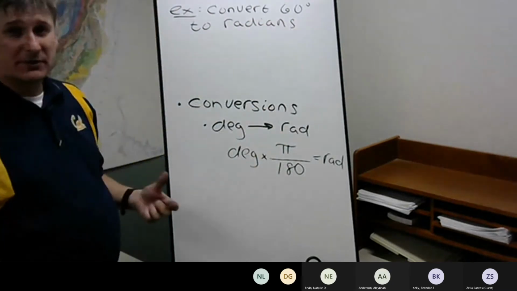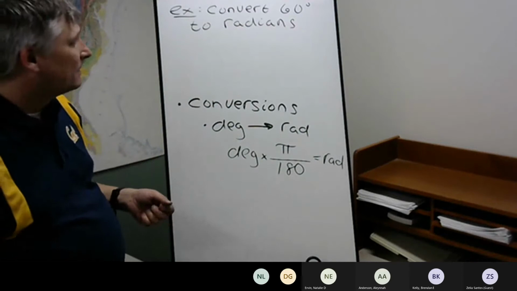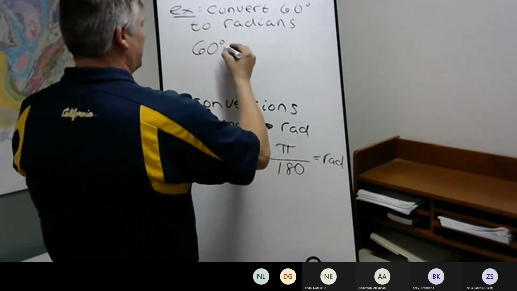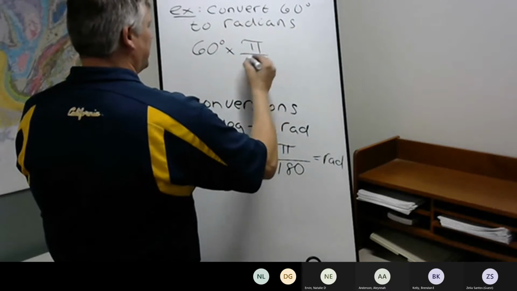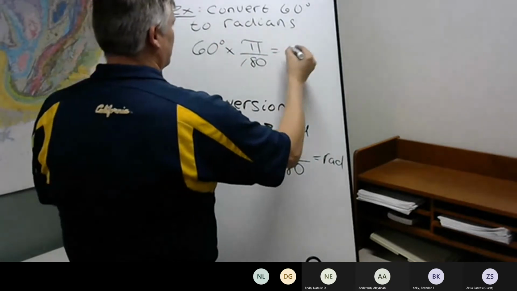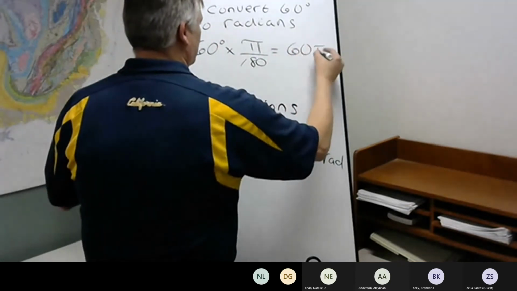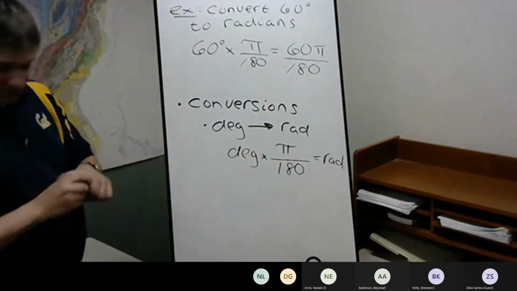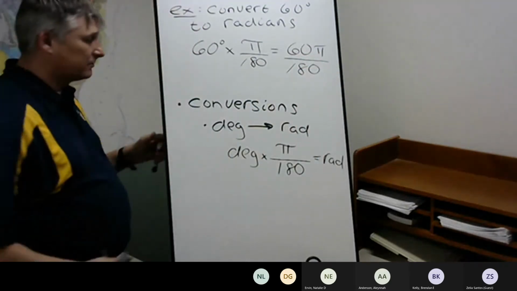So let's say we're going to convert 60 degrees to radians. Well, we take 60 degrees and we multiply by pi over 180. And if we simplify this down, reduce it.